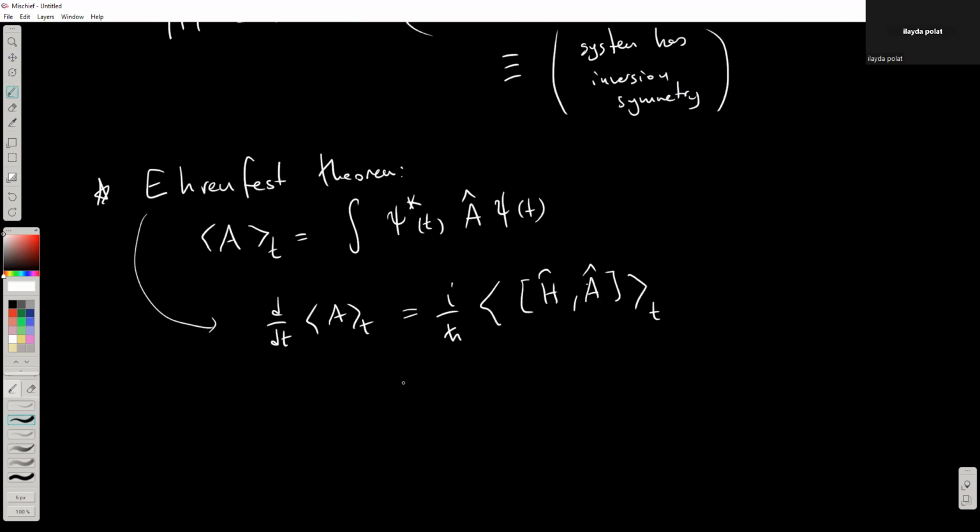It's proved in quantum mechanics. What's essential here is that the commutator with the Hamiltonian describes how certain expectation values change with time. So the Hamiltonian also describes how quantities change with time. What's important is that if the Hamiltonian commutes with that observable, then A is a conserved quantity.